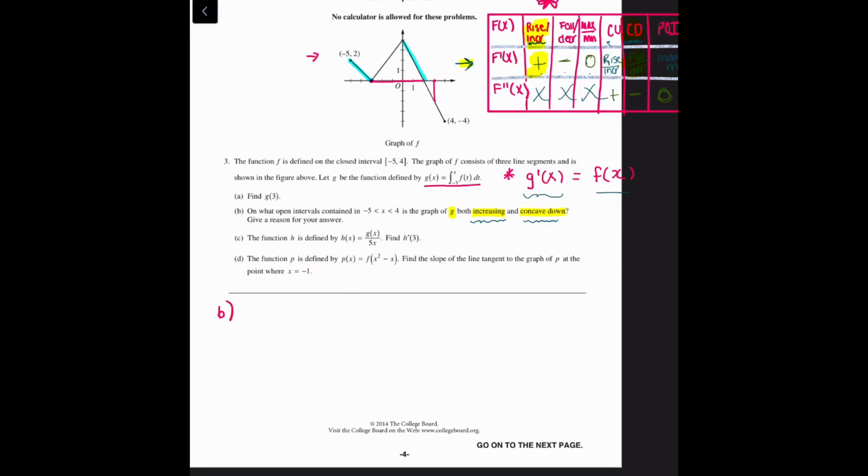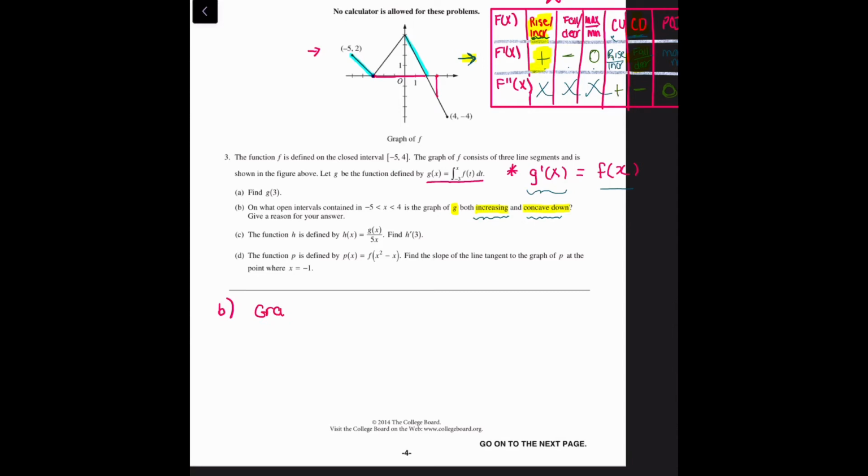So part B. We can say that the graph of g, because they're asking about g, is increasing and concave down, you should write the words out, on the intervals from -5 to -3, and we figured out it was also from 0 to 2.